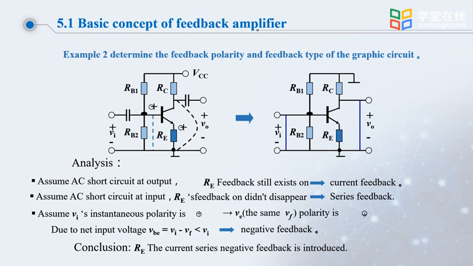Let's see the VF that is fed back to the voltage input of the basic amplifier, VBE. Is it weakened or enhanced? Because the input signal is VB minus VE, and VE now has an upward trend, VBE gets smaller. So the net input signal decreases. It's a negative feedback, so this is current series negative feedback.